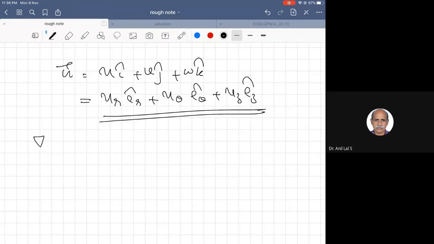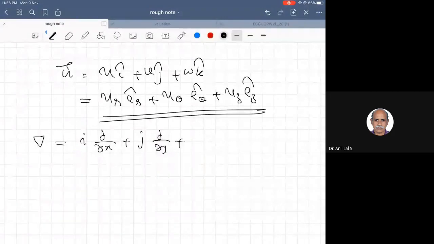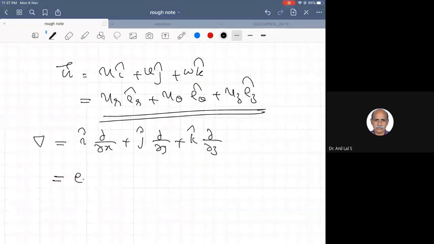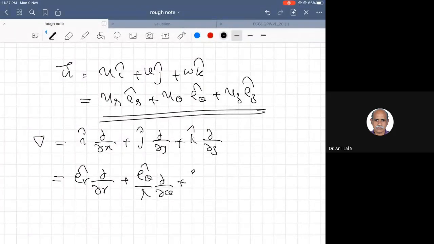The del operator is i ∂/∂x + j ∂/∂y + k ∂/∂z for Cartesian, and e_r ∂/∂r + (e_θ/r) ∂/∂θ + e_z ∂/∂z for polar cylindrical.